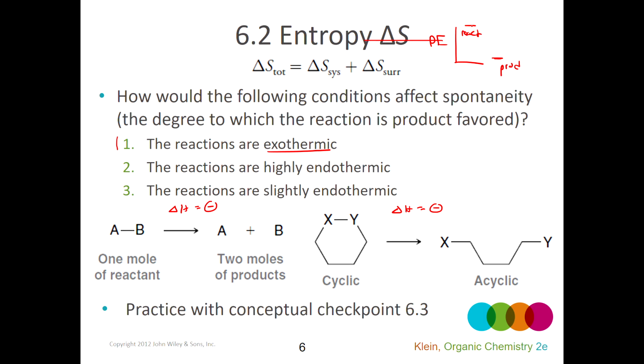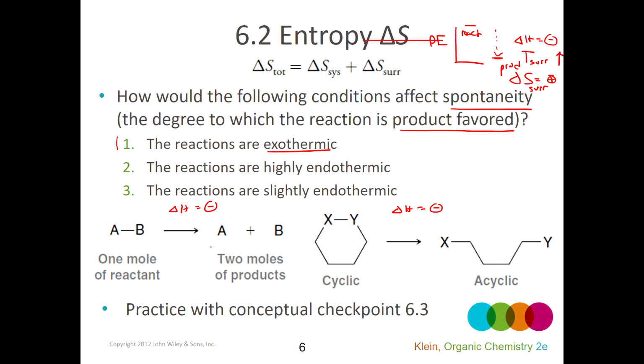The reactants are unstable, and when they produce the products, energy will be released into the surroundings. So the temperature in the surroundings will increase, and the entropy in the surroundings will increase. So anytime a process is exothermic, that's generally favored to produce products because that causes the entropy of the surroundings to go up.